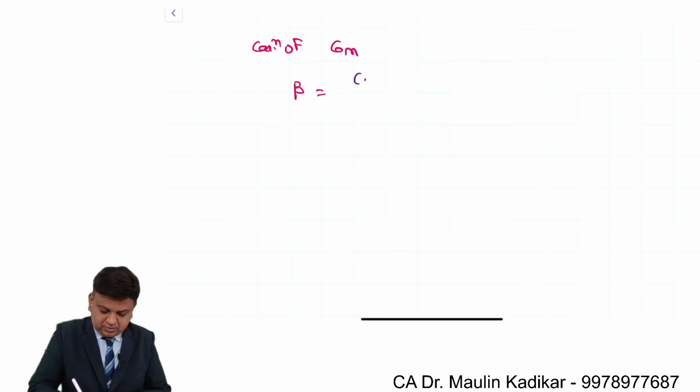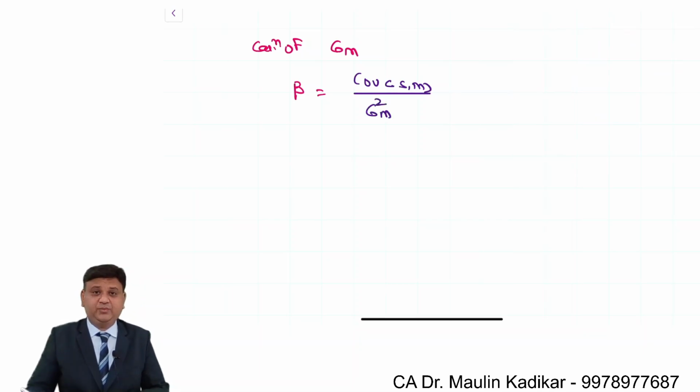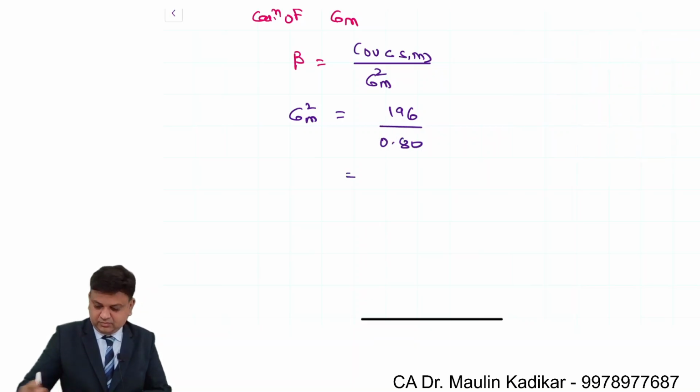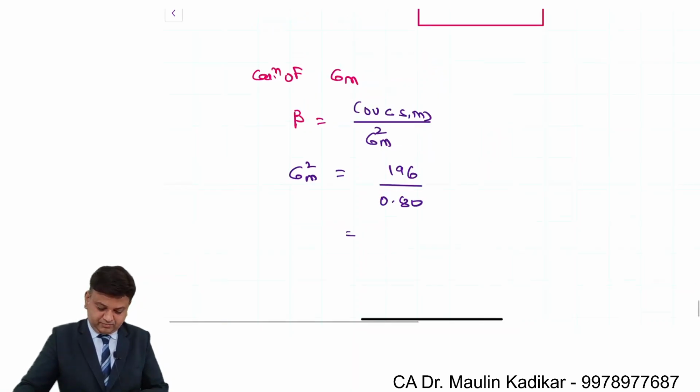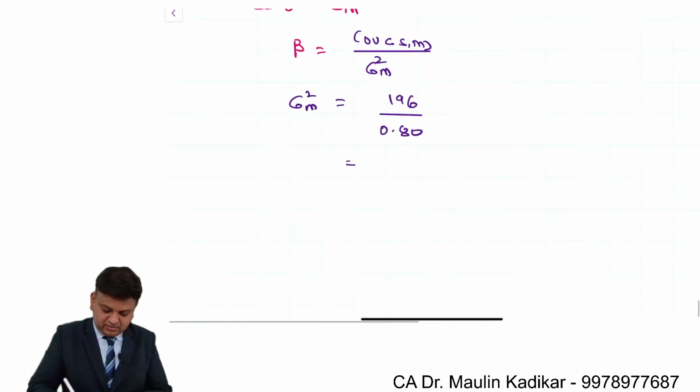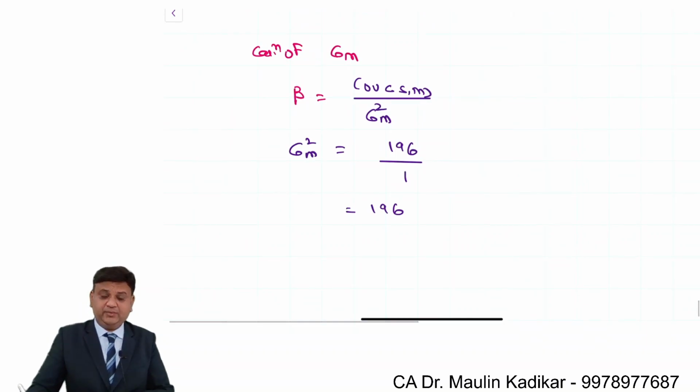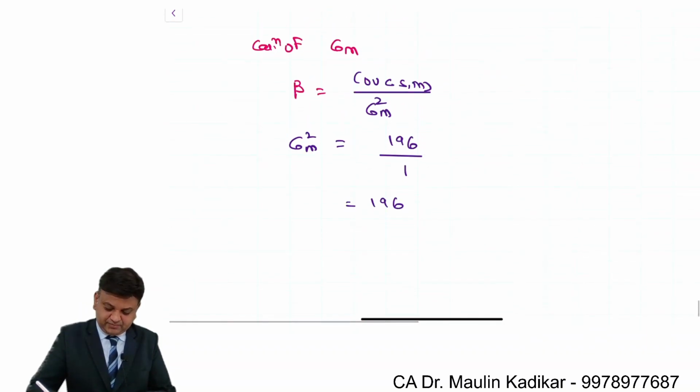So beta is covariance of the security with market divided by variance of the market portfolio. So variance of the market portfolio is 196 divided by beta, divided by 1, not 8. Beta of the security is 1. So it is 196.